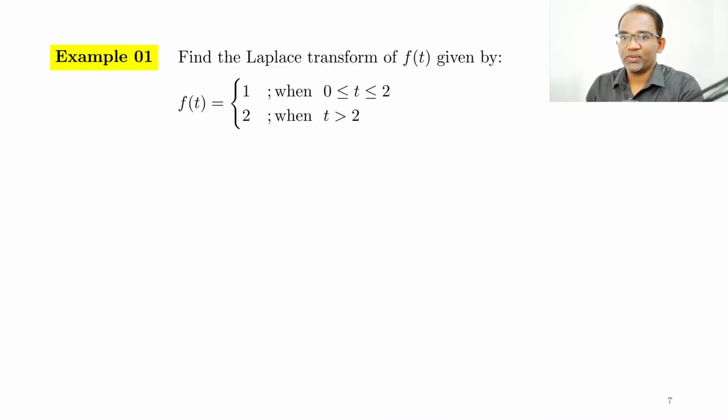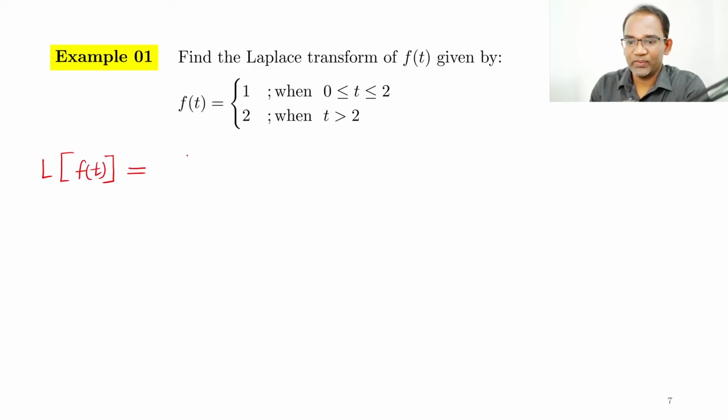We'll now try to do this problem. Find the Laplace transform of f(t) given by f(t) equal to 1 for t between 0 and 2, and f(t) equal to 2 when t is greater than 2. By definition, the Laplace transform of f(t) is equal to the integral from 0 to infinity of e raised to minus st f(t) dt.